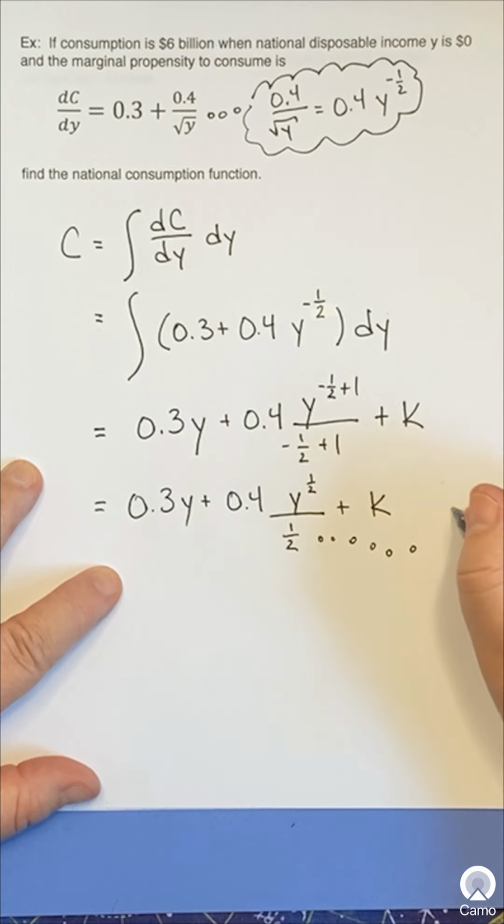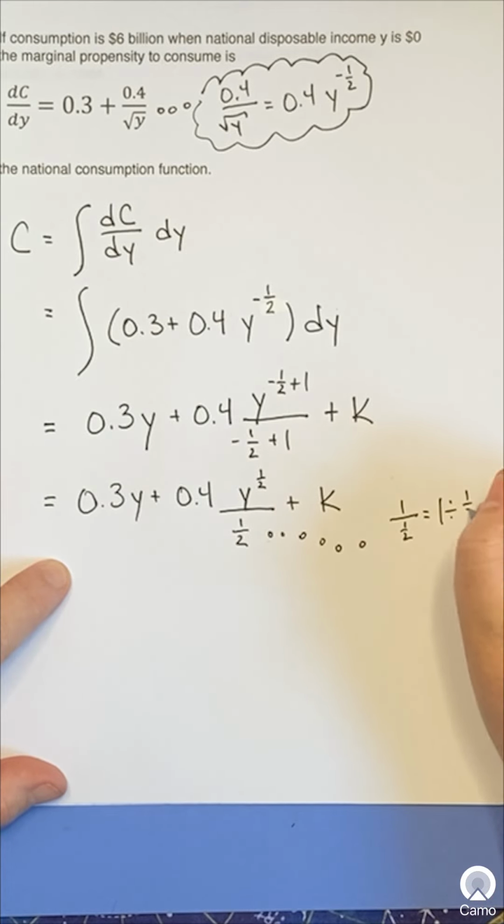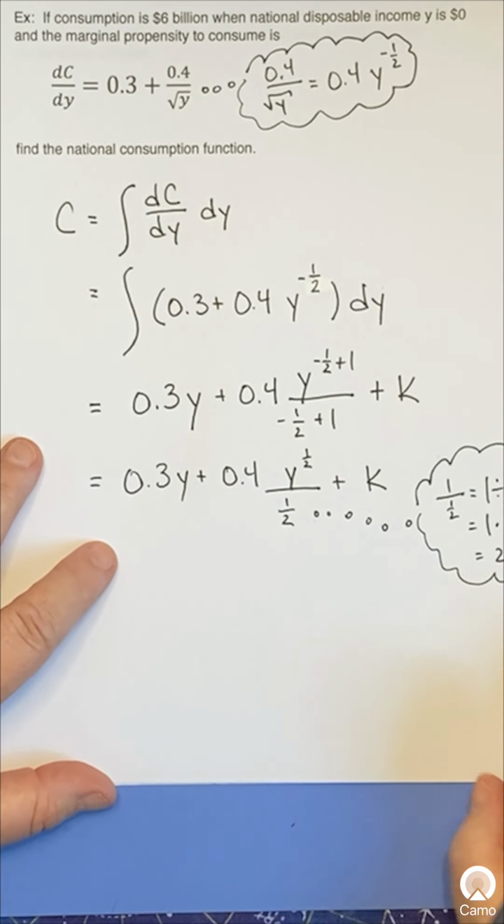Remember, 1 over 1/2 is equal to, can you see that? 1 divided by 1/2, which is equal to 1 times 2 over 1, which is equal to 2. So whenever you've got 1/2 in the denominator, the whole thing is actually equal to 2.